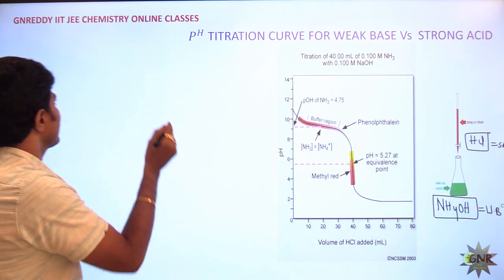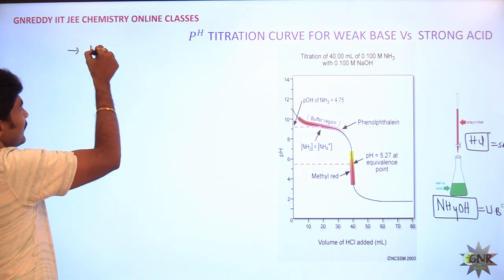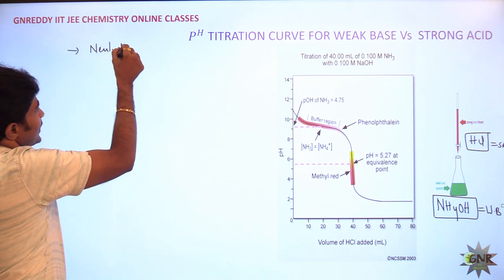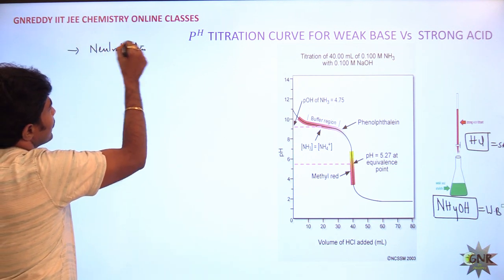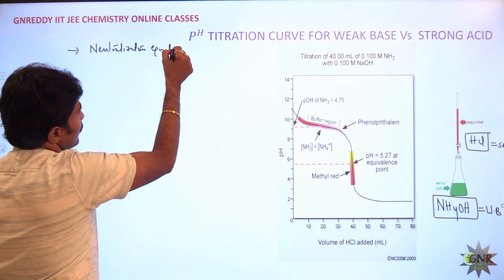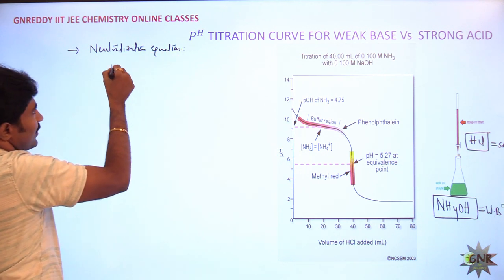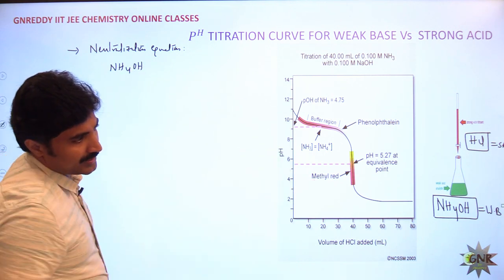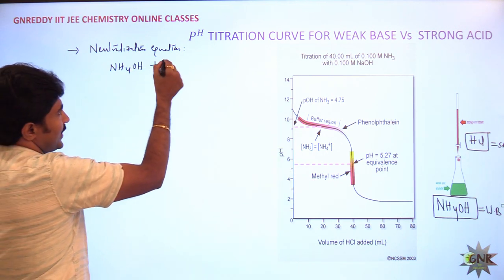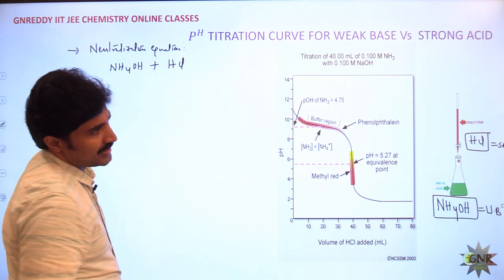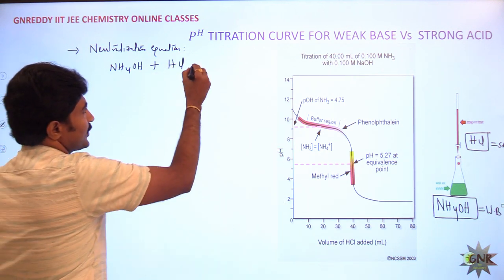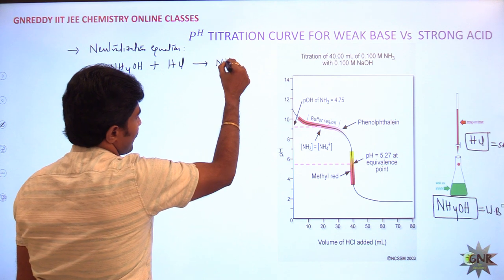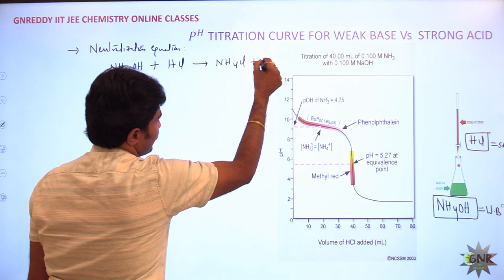So here also if you look at this neutralization equation, ammonium hydroxide is taken in the conical flask, and for that we add HCl from the burette, then you are getting ammonium chloride plus water.